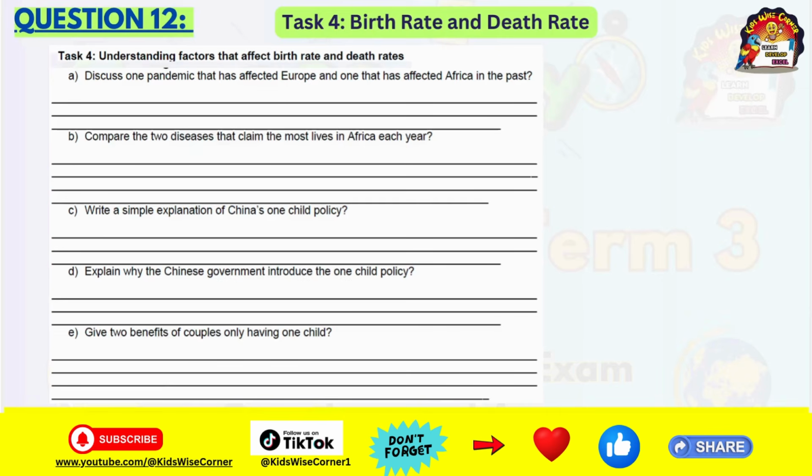Discuss one pandemic that has affected Europe and one that has affected Africa in the past. In Europe, we spoke earlier about Black Death or the bubonic plague. And this was in the 14th century.